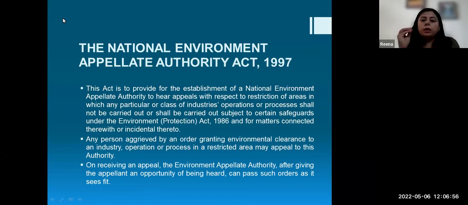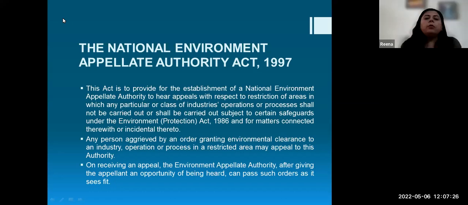Okay, so there are different clauses which can govern any single pollution activity. For example, the National Environment Appellate Authority Act hears appeals with respect to the restriction of area. So any restricted area or reserved area where a polluting industry is being carried out will be covered under this act.